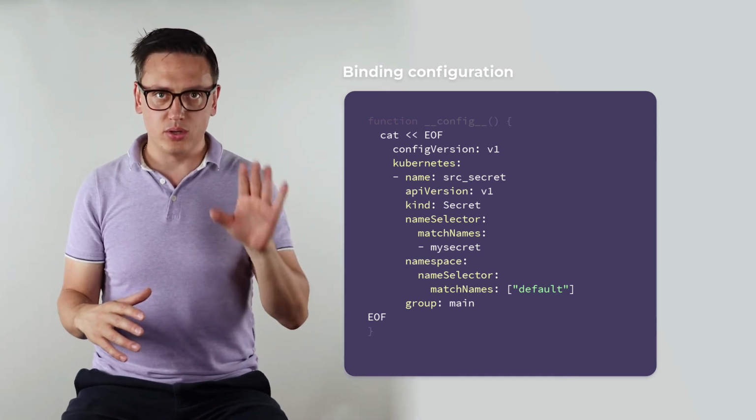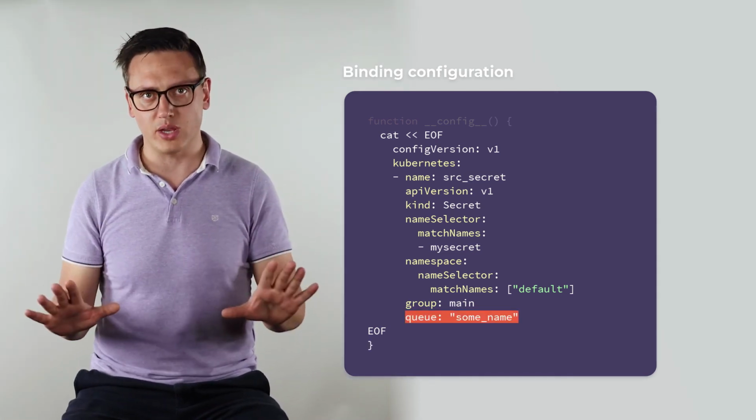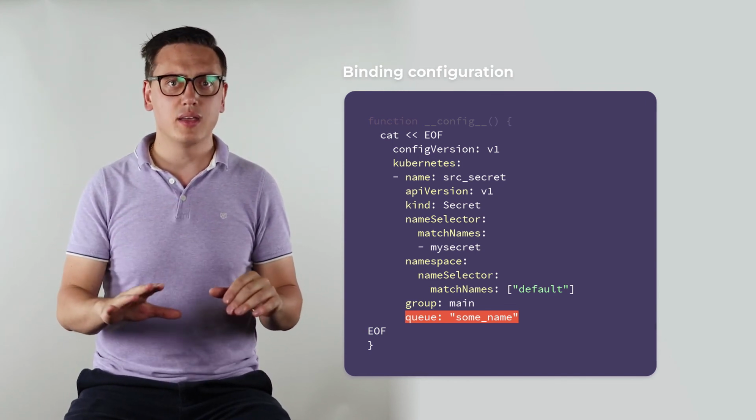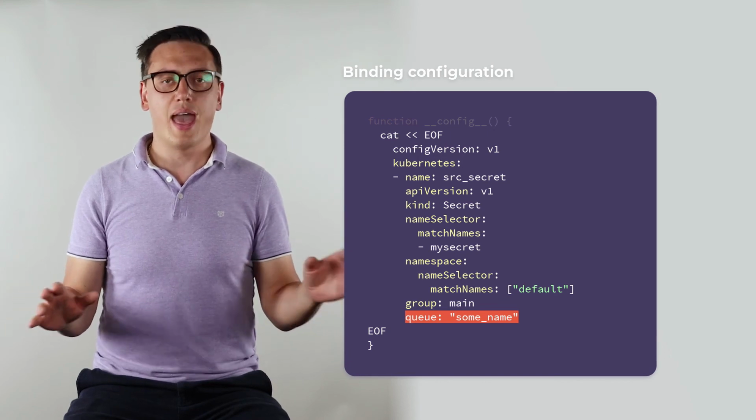And all you need to do is to add just one field into the binding configuration. If the queue name is not specified, the hook is just run in the default queue. And this queuing mechanism totally solves all the resource management problems.